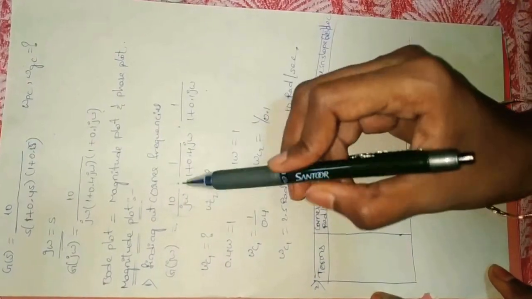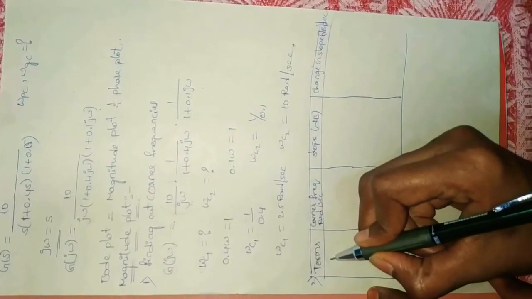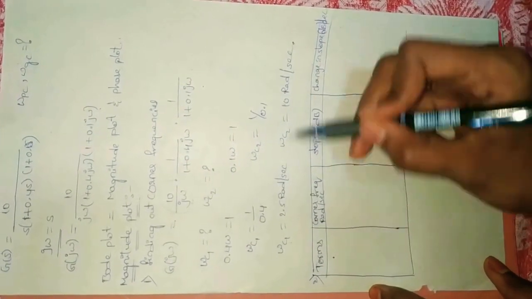If you observe this, how many terms are there? 1, 2, 3 terms. I'll write all those terms in increasing order of corner frequency.